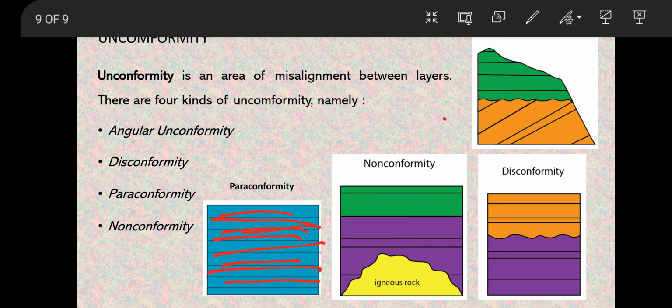To determine the difference, we use the age range of the fossils. So we use paleontological analysis in this paraconformity. Okay, the last is nonconformity. So nonconformity occurs where there is clear contact between igneous rock, sedimentary rock, and metamorphic rock. Okay, the difference is very clear.